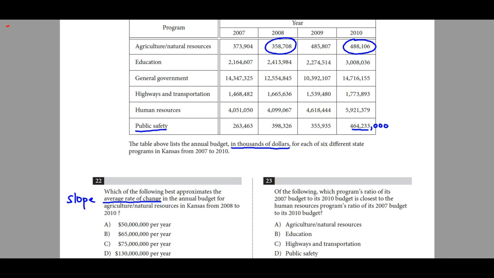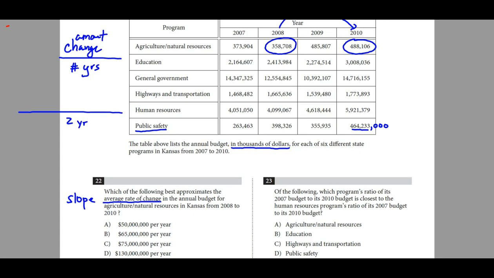So for rate of change, we're actually going to have to figure out how much did it change, or what was the amount of change divided by the number of years. How much did it go up or down divided by how many years that was. Well, I know right away that the number of years was 2 because it went from 2008 to 2010. So over a 2-year period.